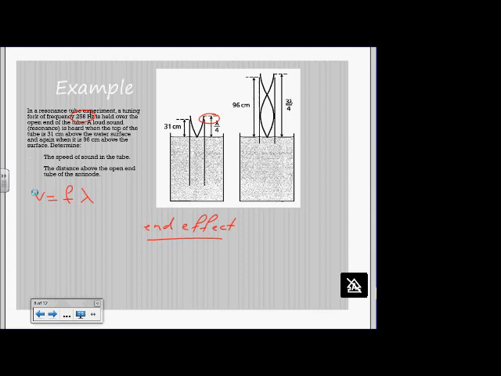It's slightly beyond the end, whereas the measurements are taken to the end of the tube. Have a think about that. I think we'll go through that and discuss how we deal with the problem in class rather than me trying to say too much more about it now. So have a go, see if you can nut out how you're going to solve that problem, and if not, we will look at it together.